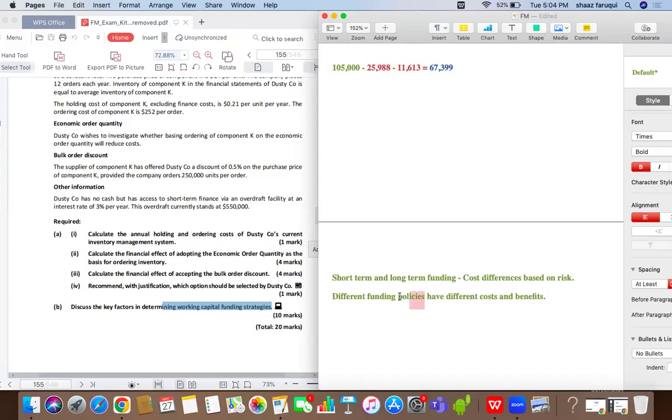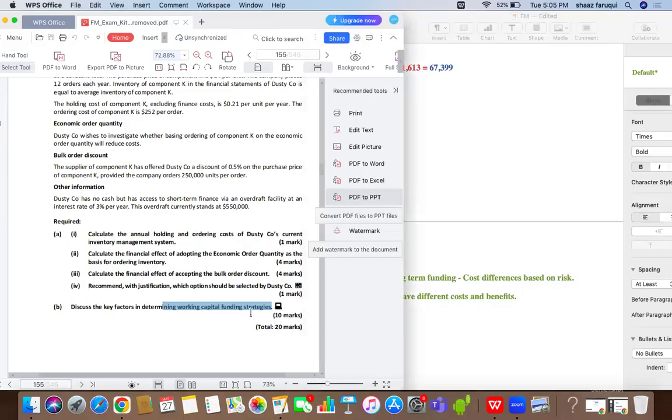Okay, let me remove this. You need to know what your strategy is in terms of funding. What factors do you need to keep in mind? Please don't get confused. The question is simple: when you are getting funding, when you're using funds for working capital, what are certain things you need to keep in mind?